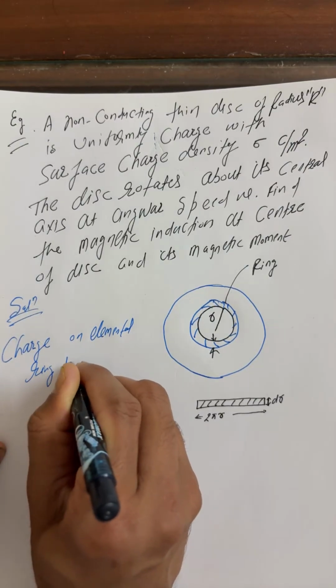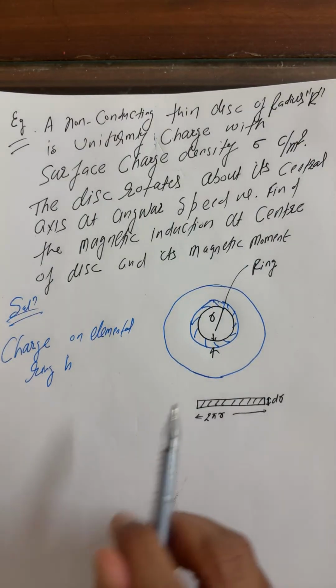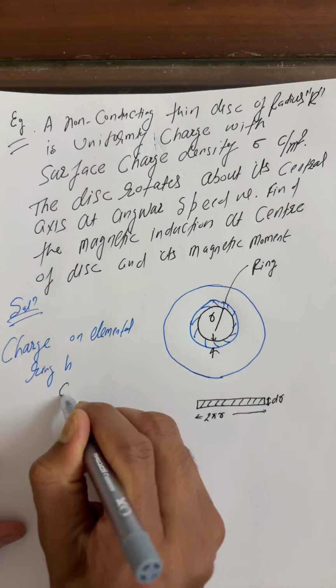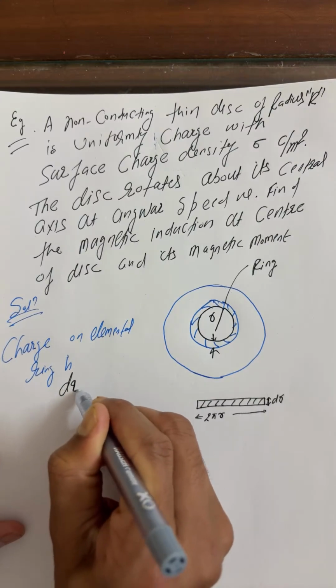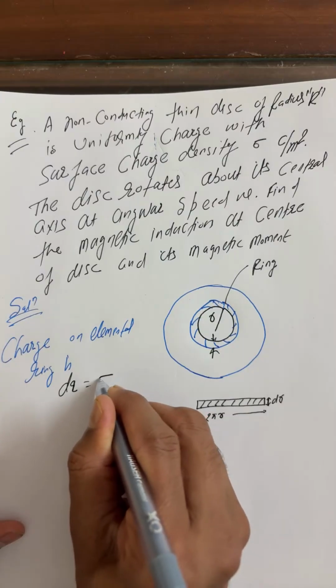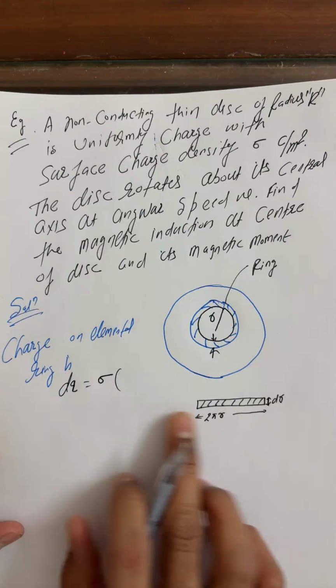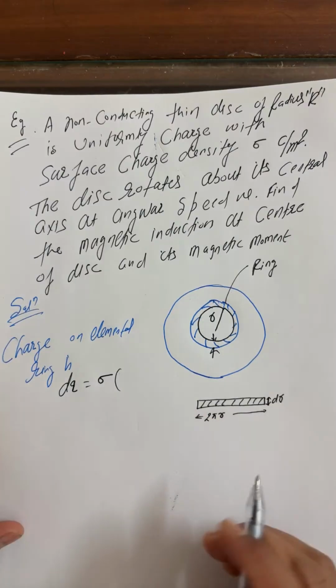Charge on the elemental ring is what, my dear? You can say it equals dq. So this is sigma into dA. And dA, what can you write?